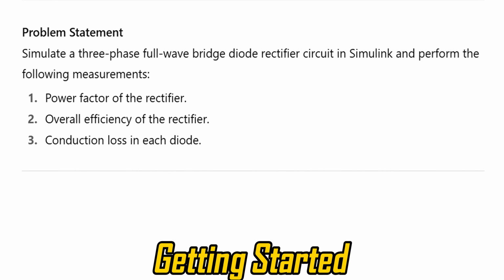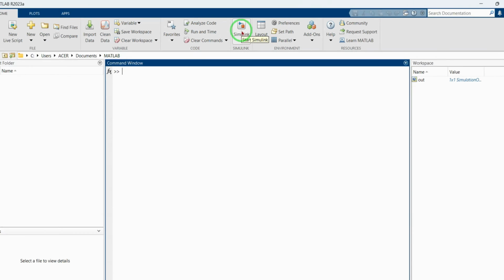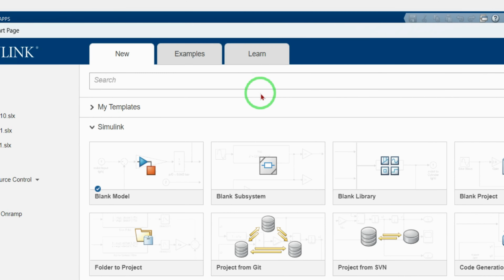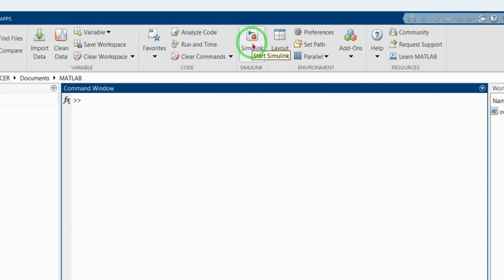Getting started. So, let's get started. Launch Simulink, and open the previous model.